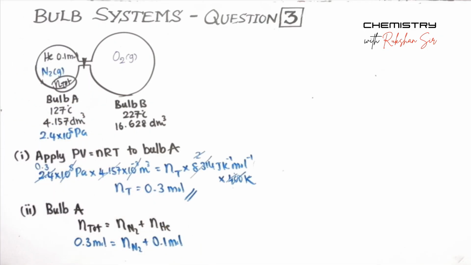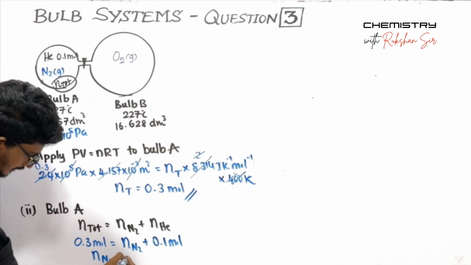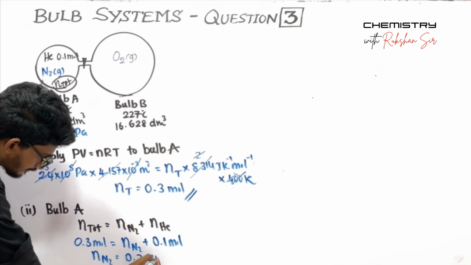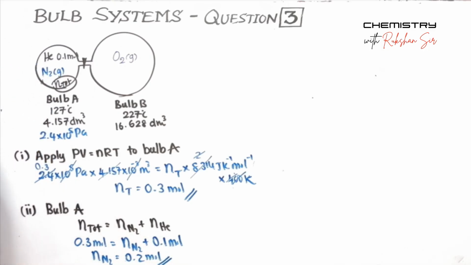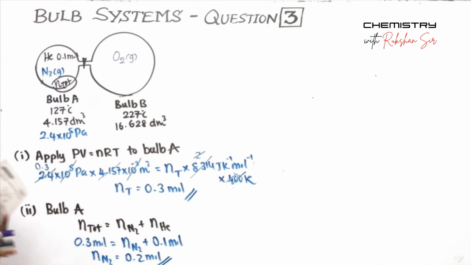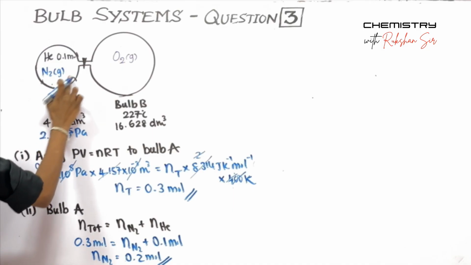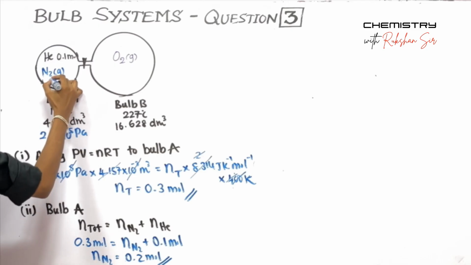This will give you the moles of N2 is 0.2 moles. That is clear? Right. That is how we are supposed to come up with the N2 moles here. So the N2 value was found now as 0.2 moles.